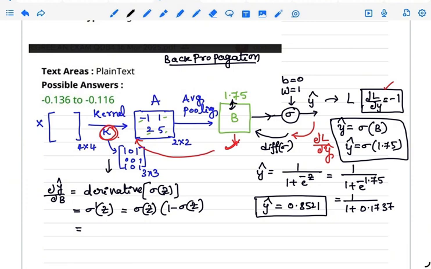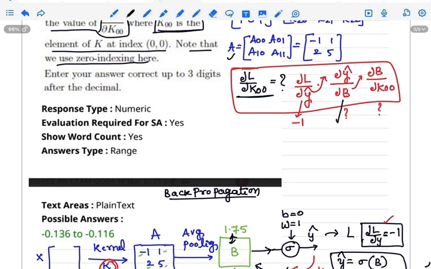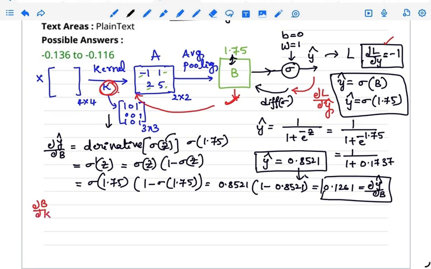Here z equals to 1.75, so sigma of 1.75 is 0.8521, times 1 minus 0.8521. So its value is 0.1261. Now we want to find dou b by dou k 0 0.